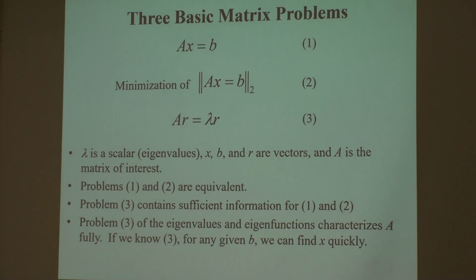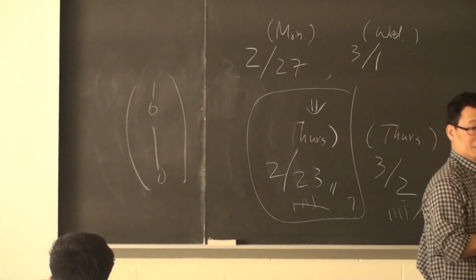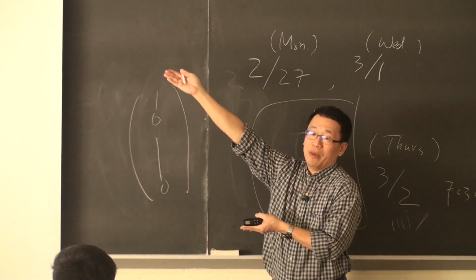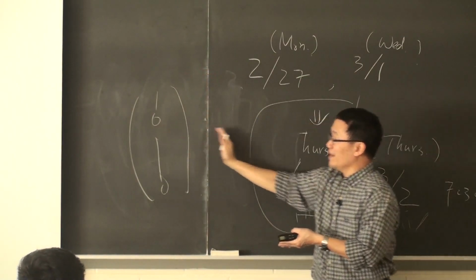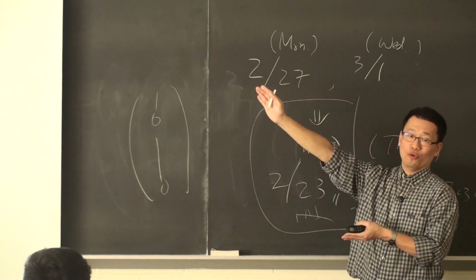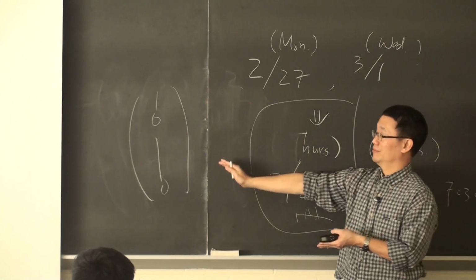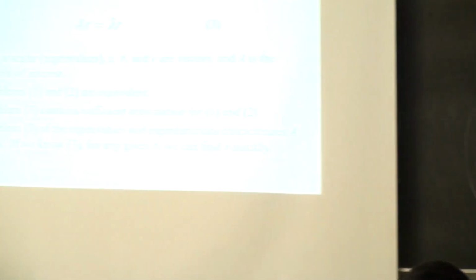Let me give you an easy example. Say b is only 1, 0, 0, with only 1. So b is only limited in testing that space of A. You need n of these b to get the full information of A. But if you solve the eigenvalue problem, then you have everything.